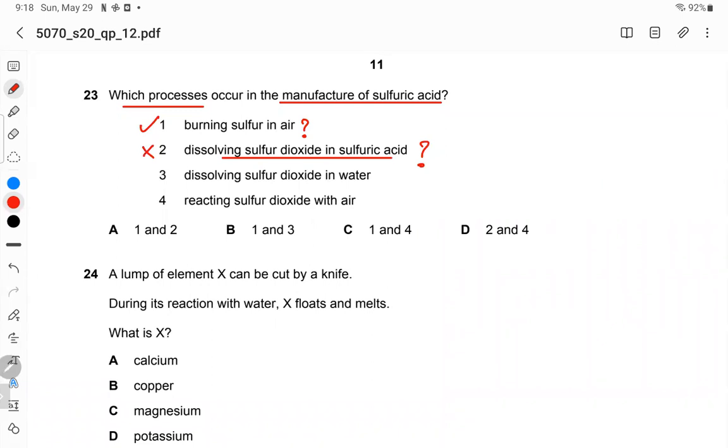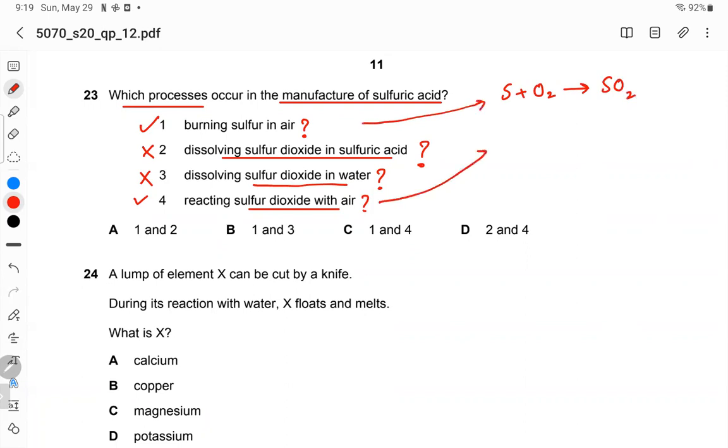What about dissolving of sulfur dioxide in water? No, sir. No, sulfur trioxide gets dissolved in water. So this also goes wrong. And reacting of sulfur dioxide with air. Yes, this is correct, because in the first stage, sulfur and oxygen burn to give you sulfur dioxide.